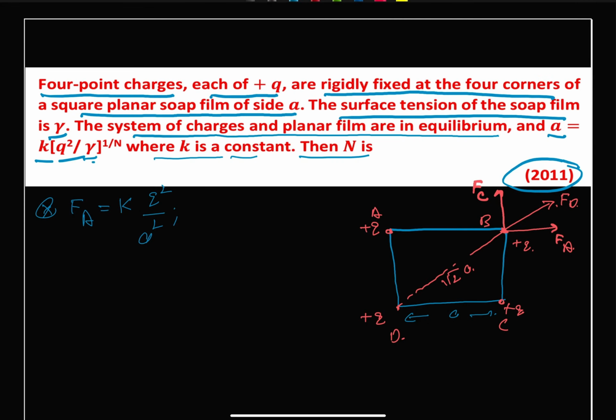Our FC will be equal to k q square upon A square, and FD will be equal to k q square upon 2 times A square.